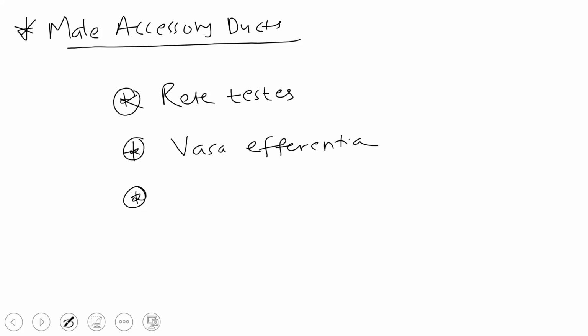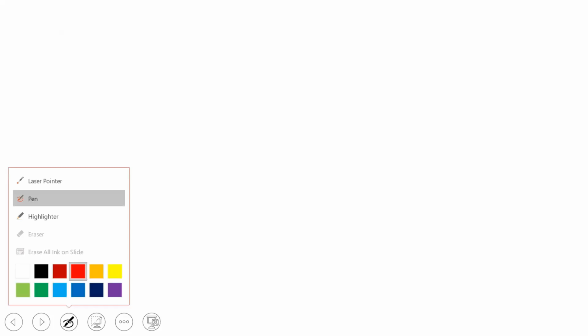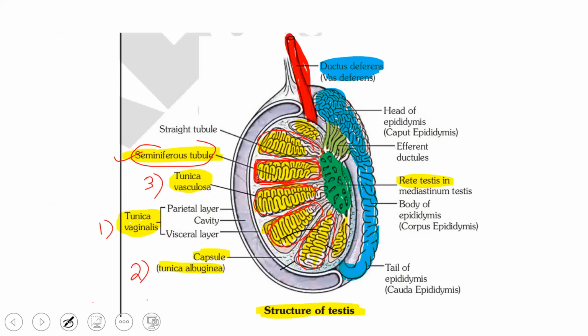Then we'll talk about the 3 parts of epididymis, and then we'll talk about the vas deferens. Okay, so we'll discuss this. Got it? So now let me explain by drawing a diagram. We'll talk about this diagram, as you can see.